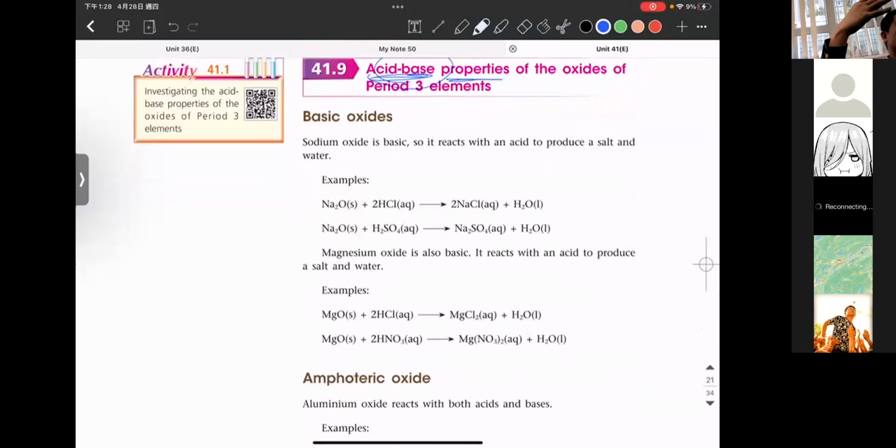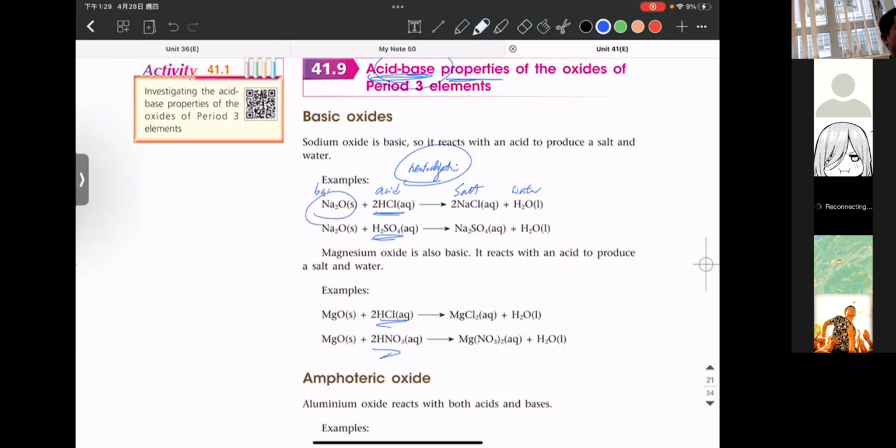For example, sodium oxide or aluminum oxide or magnesium oxide, they would all react with acid to form salts and water. So what is the type of reaction? We will call it a neutralization reaction. Okay, so if I say that it's an acid, how will you define this?